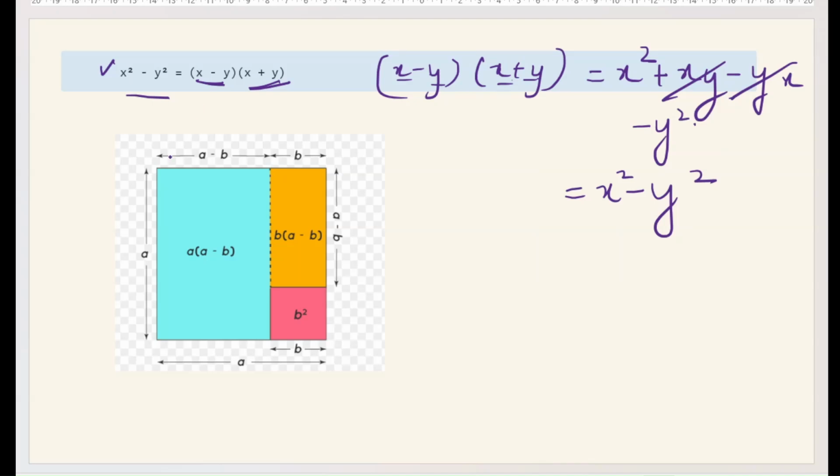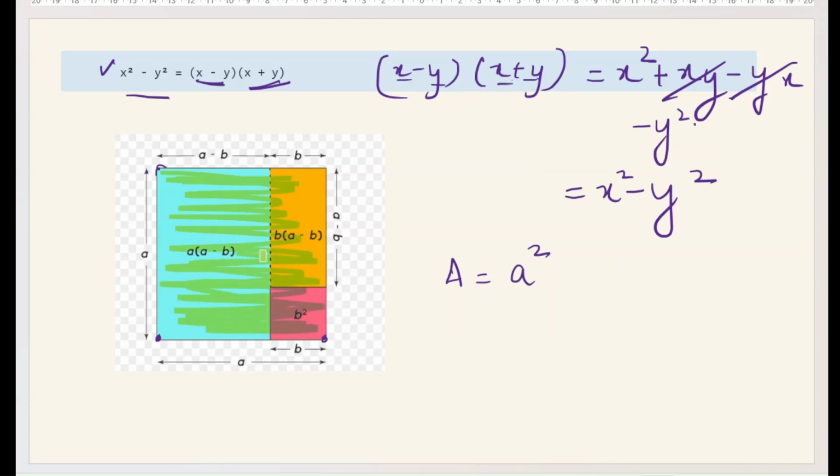Okay. Now if I need to understand this geometrically, this is a square, this is side a, this is also side a. So what is the area of the square? Area is equal to a square. Now from this full square, area a square, if I subtract b square, I have subtracted this b square. What I get?